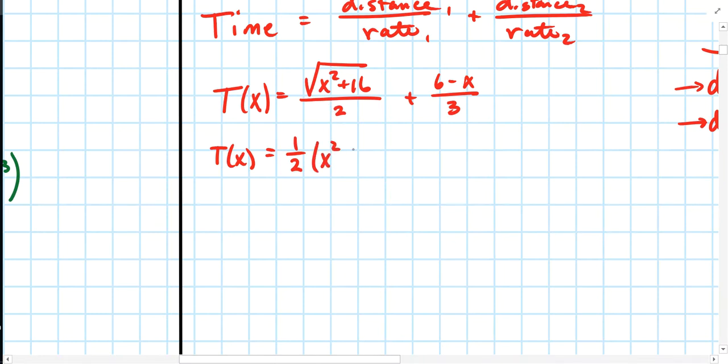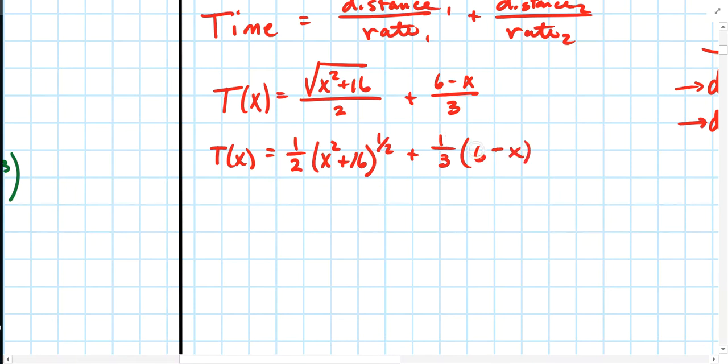Additionally, that numerator is a square root, and a lot of times we'll think of radicals as a rational exponent. So I'm going to use that as 1/2. That'll make it easier for when I apply the chain rule to this derivative, and I won't have to worry so much about the quotient rule with multiple derivatives in the numerator. I'll do the same thing for the second component. I'm going to treat this as 1/3 times 6 minus x.